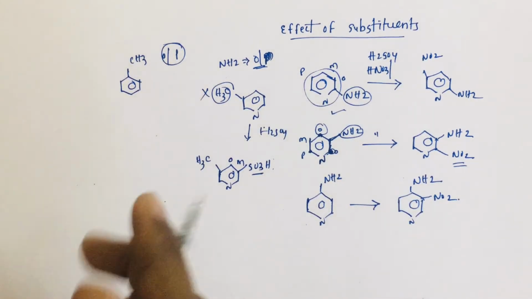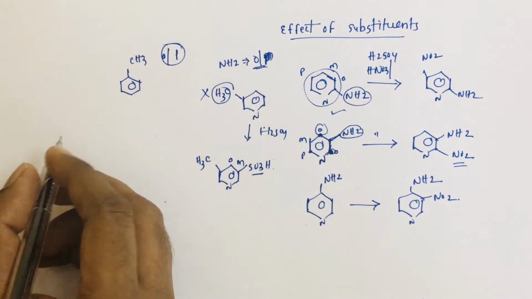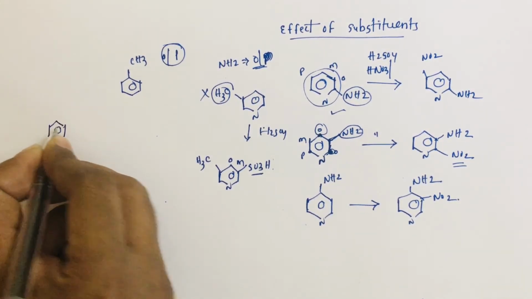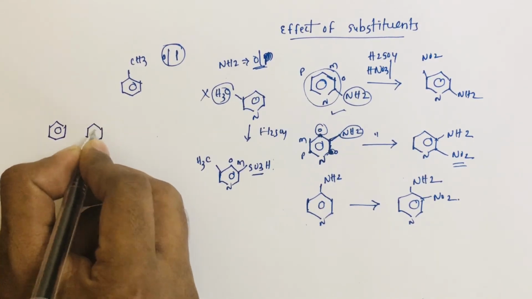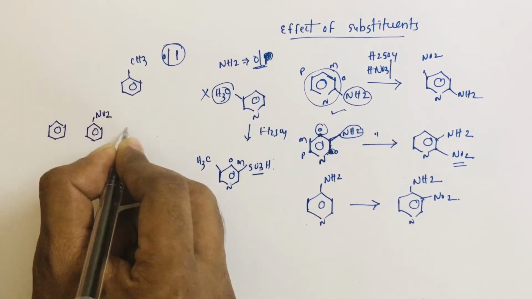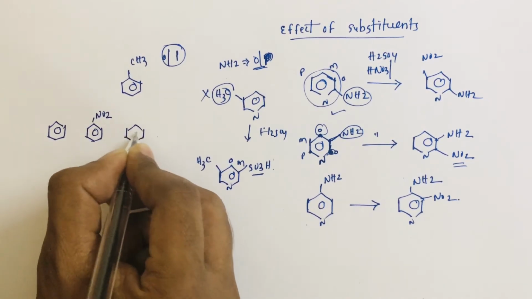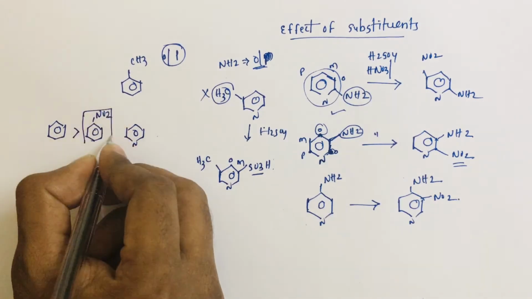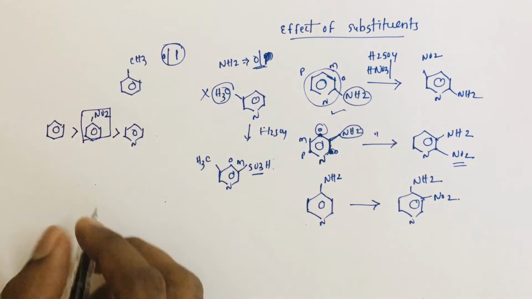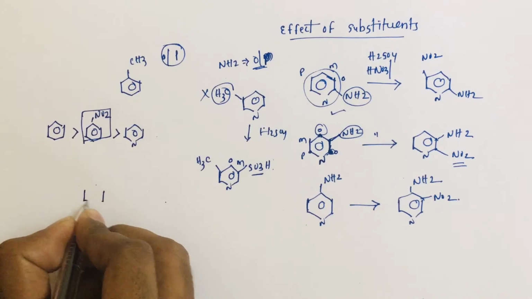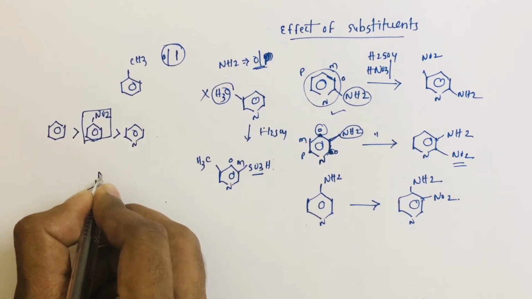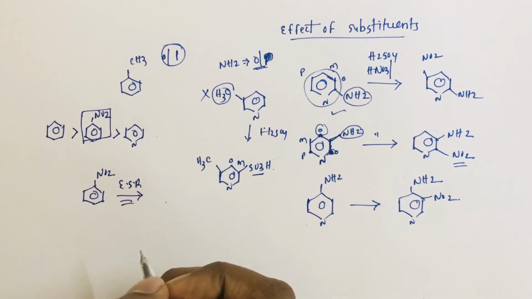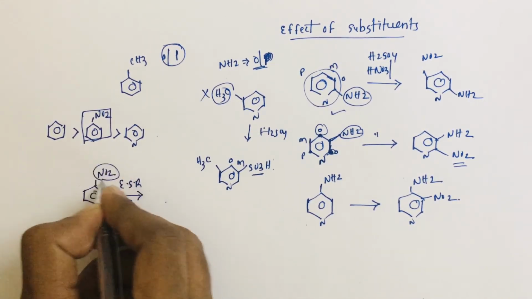And then we have the reactivity order. If you see the reactivity order of benzene and nitrobenzene and pyridine, benzene is the most reactive, nitrobenzene is more reactive compared to pyridine. Nitrobenzene is not that reactive towards electrophilic substitution reactions, because the NO2 group is an electron withdrawing group.